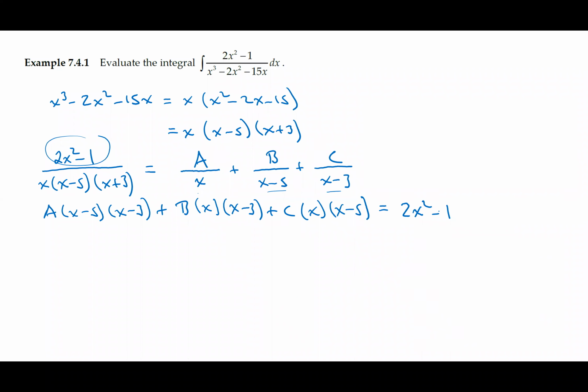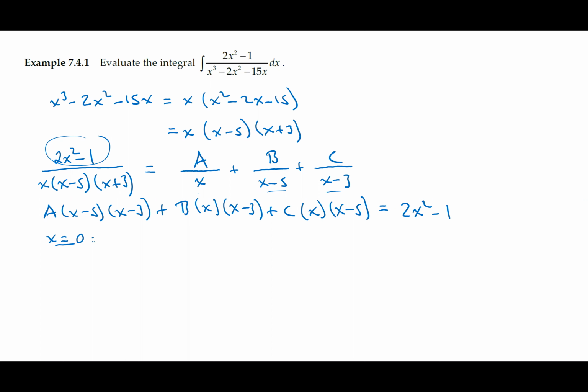I'm going to do myself a favor, and rather than expand all this out and equate coefficients, I'm going to start with my x's and say, all right, well, what if x is, say, 0? Now, what does that do for me?